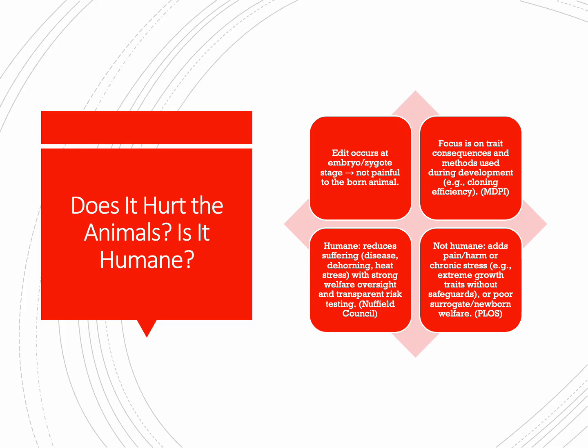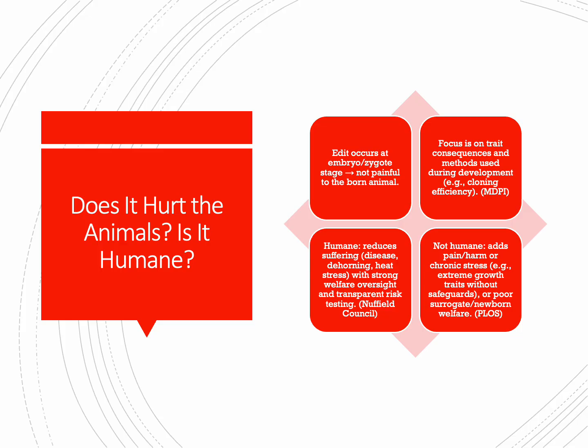In terms of humanity, it does reduce the suffering in terms of disease, dehorning, and heat stress. And with strong welfare oversight and transparent risk testing, it could be very beneficial.